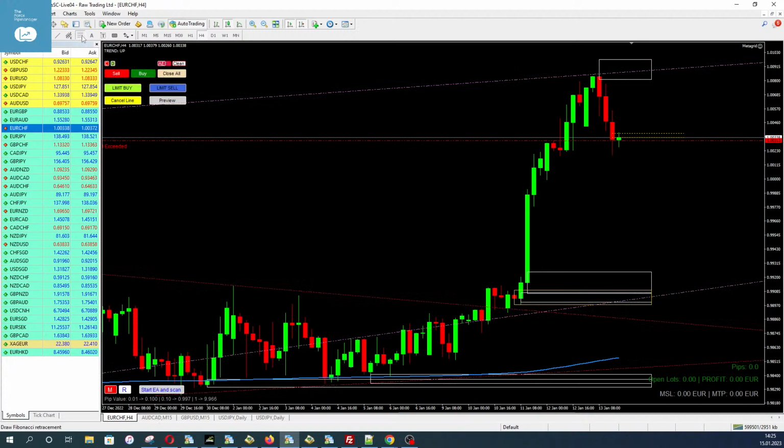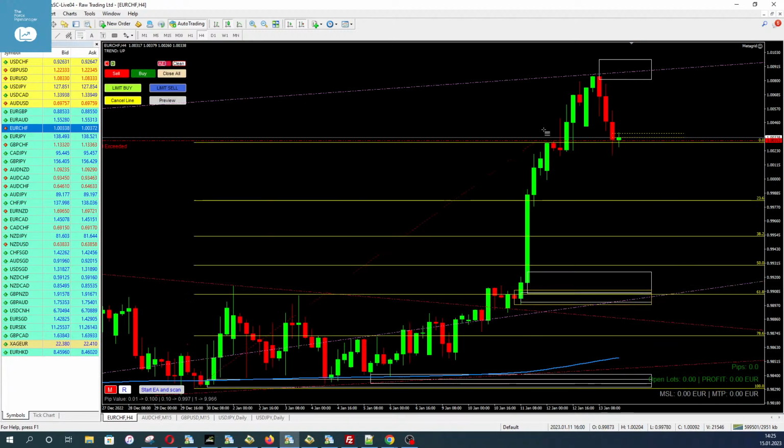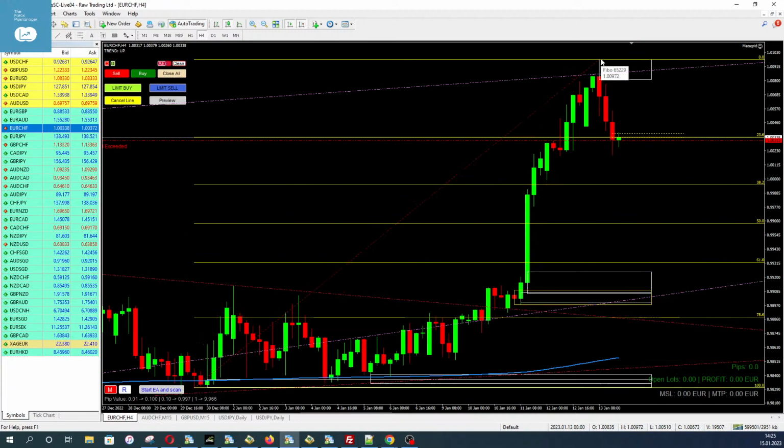And if we check it with the fib levels based on these last lows and this high, you can see that we also have the 61.8 fib level a little bit above this first demand zone. So maybe you want to place a pending order already, or wait for price action, or wait for price to come a bit deeper.